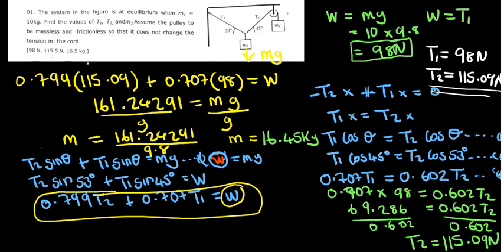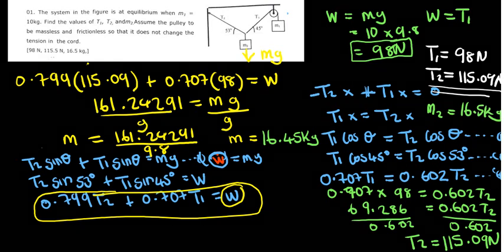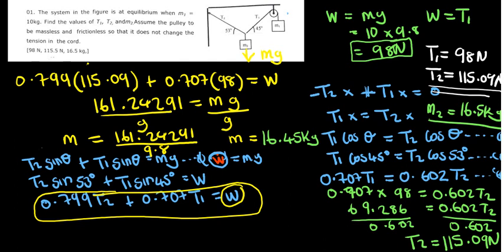So we can round off to the required significant figure if they asked for it in the question. So our mass 2 is equal to 16.5 kg. So this is our answer. As you can see, if we compare our answers with the ones in the tutor sheet, they are the same.